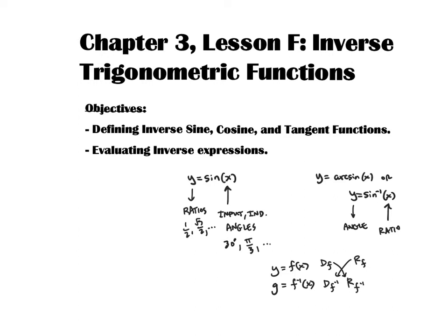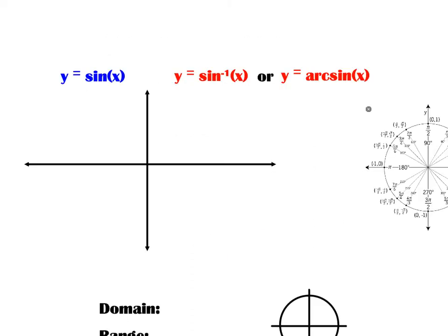That's what we're doing here: the domain of y equals sine x becomes the range of sine inverse, and the range of sine becomes the domain of sine inverse, or arc sine. So we're about to work with the idea of the inverse function, which we covered back in chapter 2, I believe. So let's go ahead and get into it.